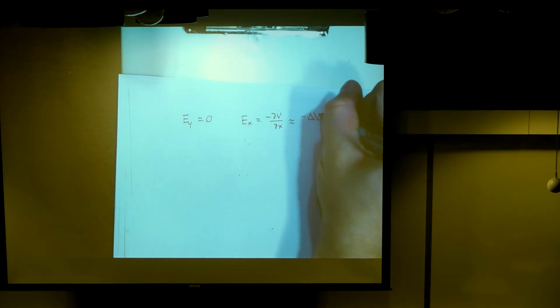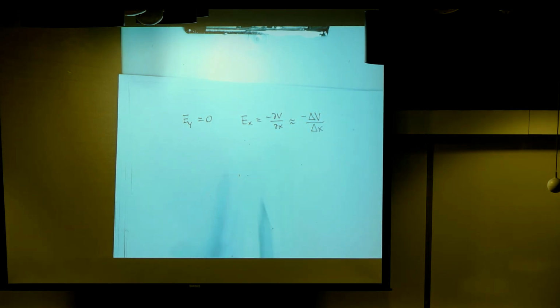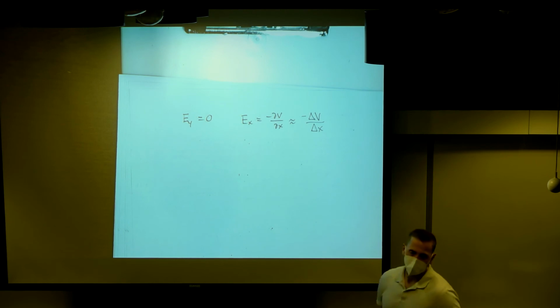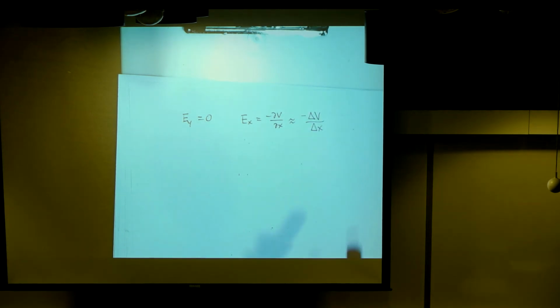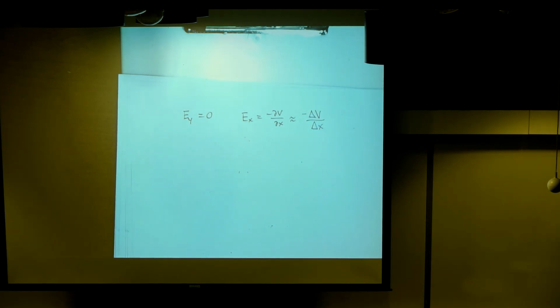I'll just write that as minus delta V over delta x. So we're not going to take a proper derivative where the dx is taken to be the limit where that approaches 0. We're just going to approximate it with some kind of finite change in V divided by some kind of finite change in x.